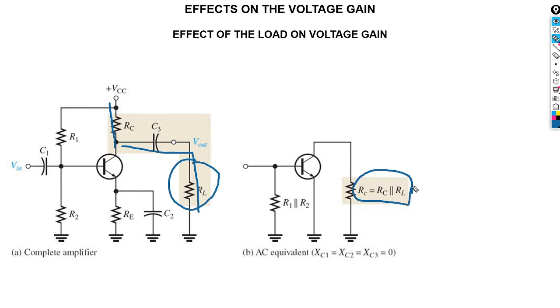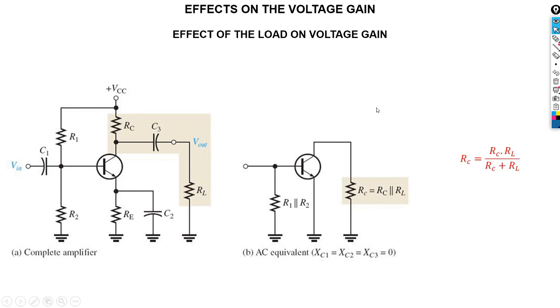Sometimes they don't give you a load. If it's not given, you just consider RC. But when it's given, you must consider that load as well as part of our circuit, because the two will be in parallel. So you calculate that parallel, and then our voltage gain will be like this.